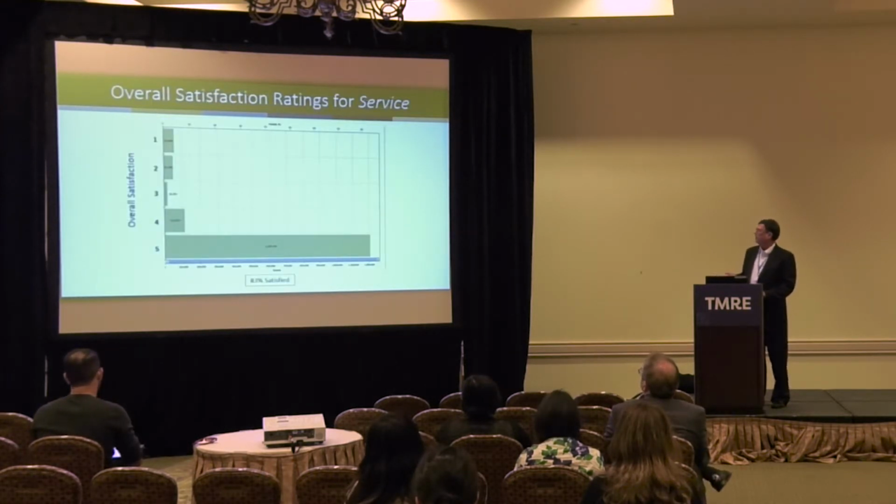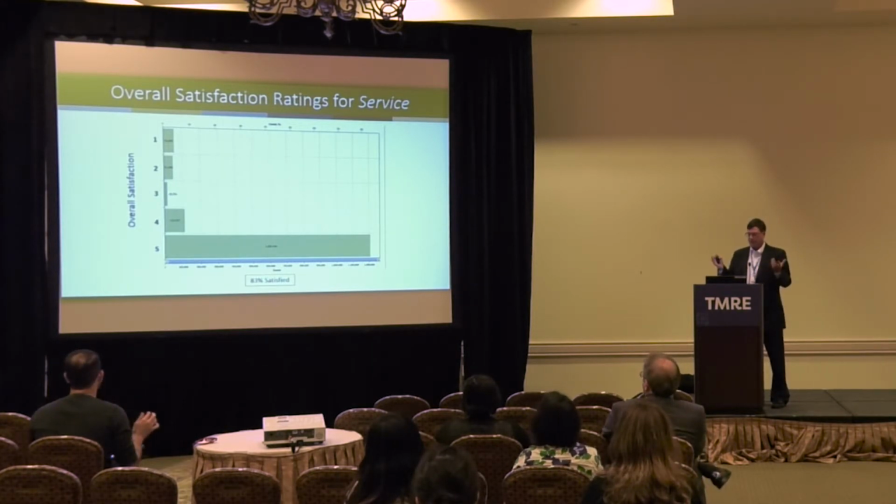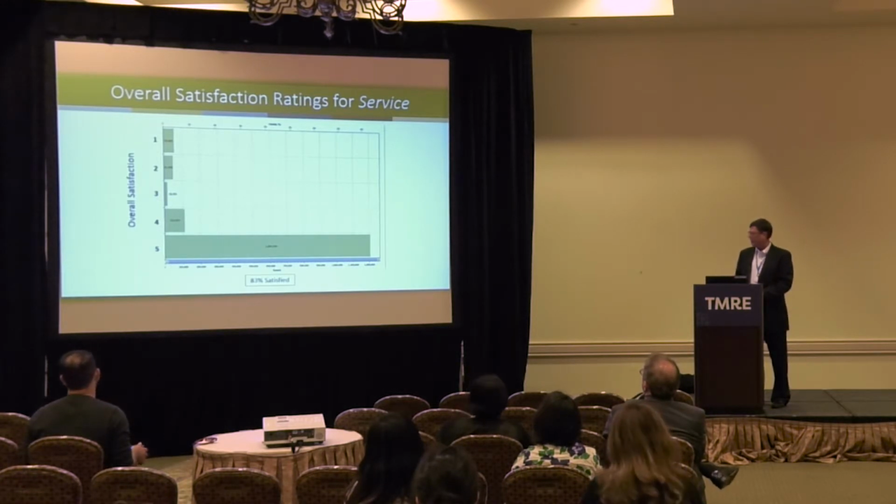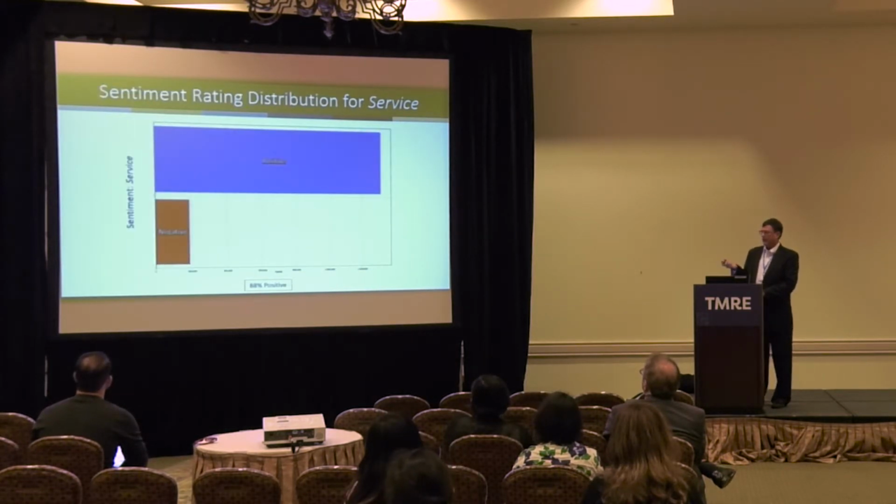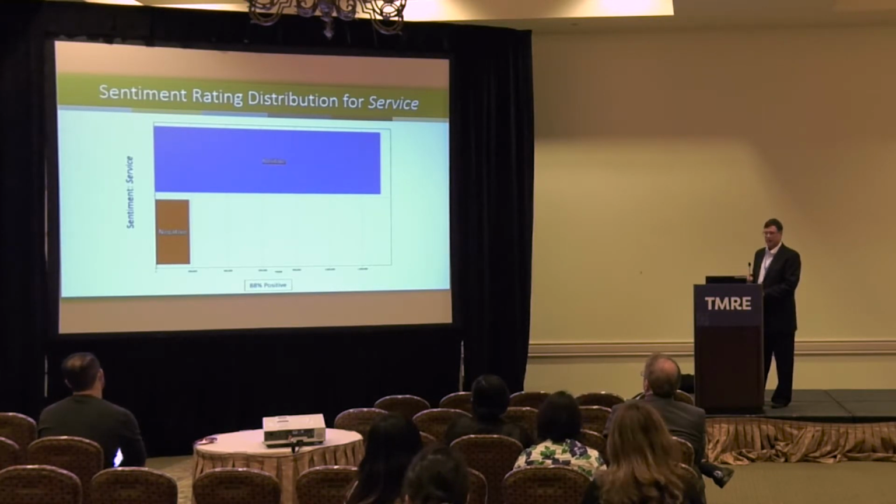If we look at the overall satisfaction ratings for people who rated service, again, this is a top box rating, it was 83% satisfied, which is pretty high. And then if we look at the overall sentiment for service, the majority of it is positive, 88% positive.